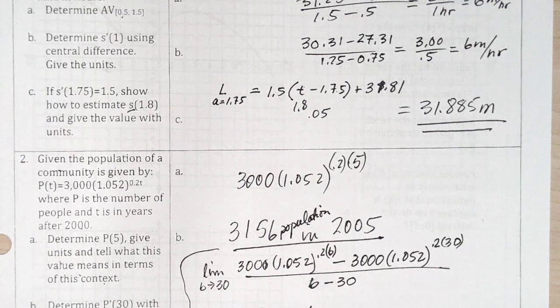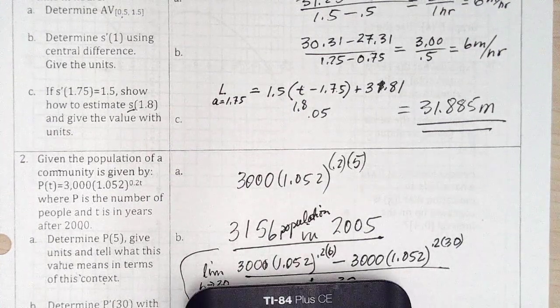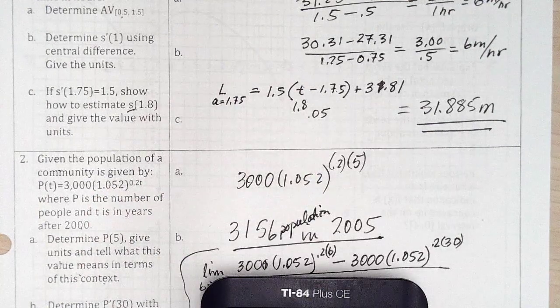Determine whether P double prime is positive, negative, or 0. Well, this is a growth model, so if I turn this one off and graph on, this is bigger, so zoom fit might do it for me. Oop, what happened here?